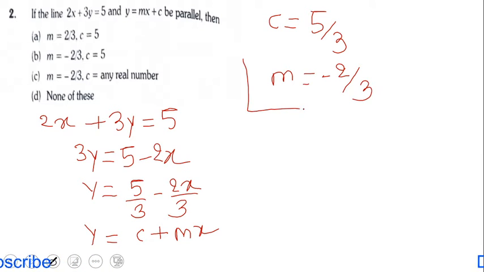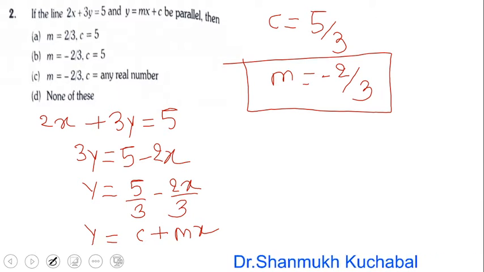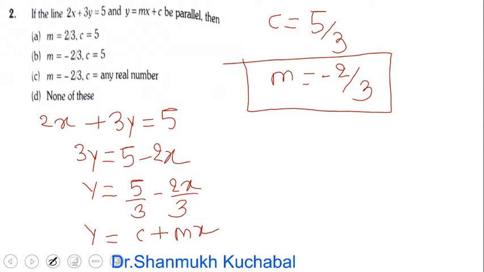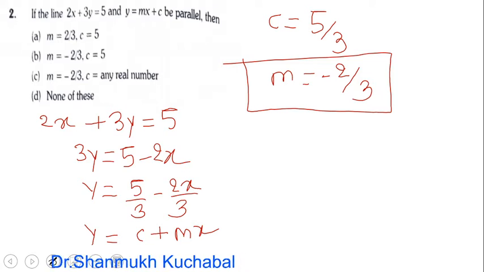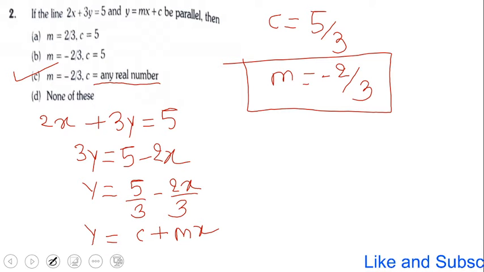So the m value is minus 2 by 3, and c is 5 by 3 by calculation, but the lines are parallel. Parallel means the two lines are at a distance given by c, therefore c can be any real number. So c is any real number, and m is minus 2 by 3, therefore clearly option C is the right answer here.